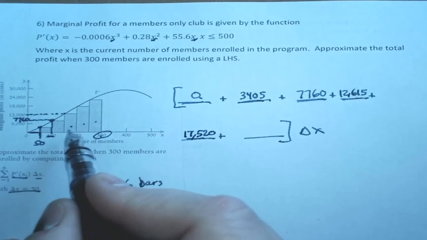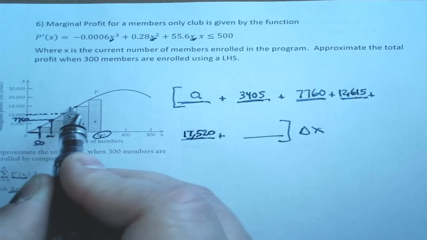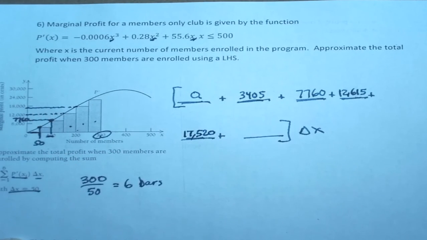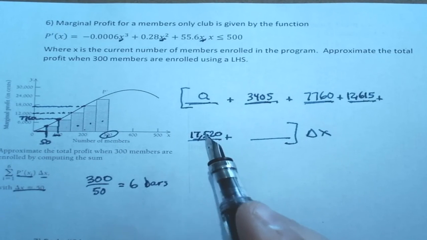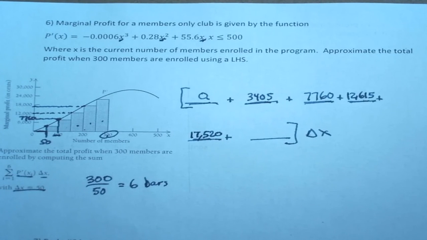If I go to 200, it's just shy of 18,000. Again, that matches my picture. These are the y values, the heights of these bars.